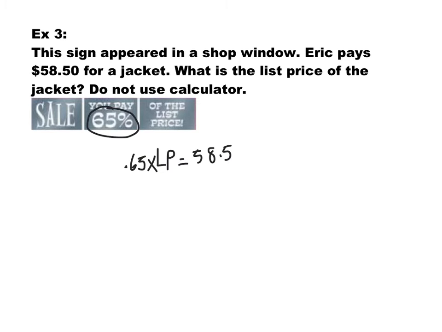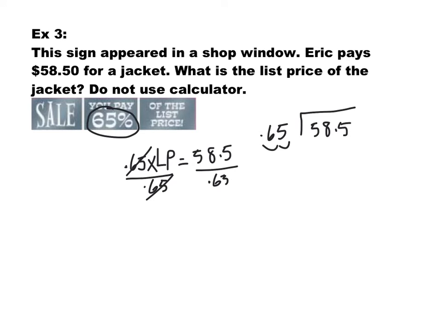Again, the opposite operation of multiplication is division, so I divide both sides by 0.65. And now I have to do the long division again because I can't use calculator. So I'm going to say 58.5 divided by 0.65.